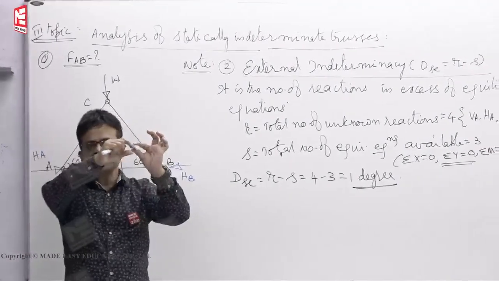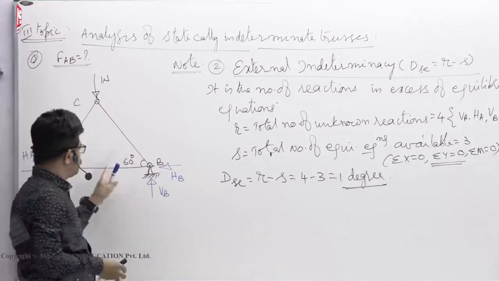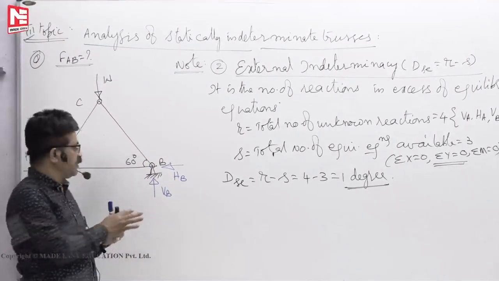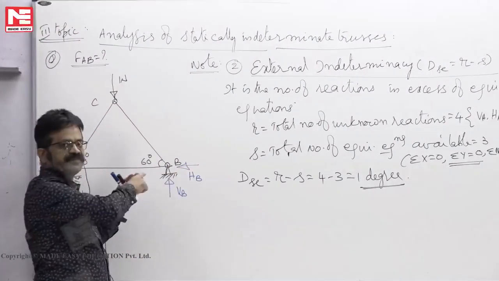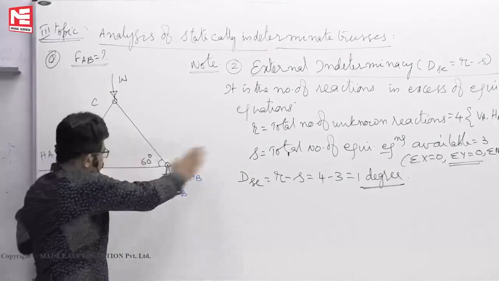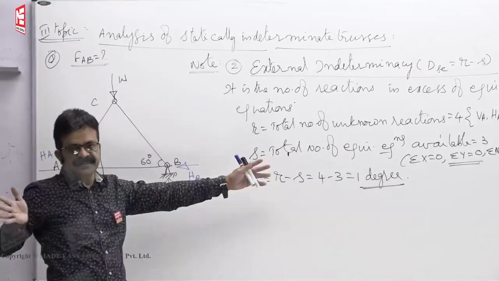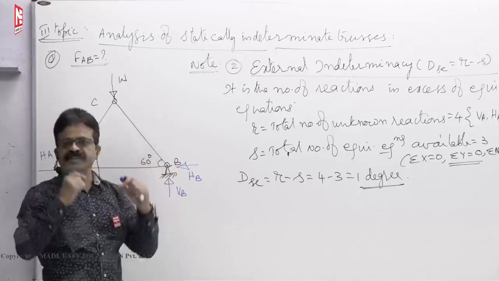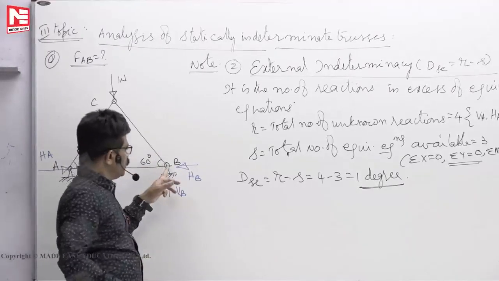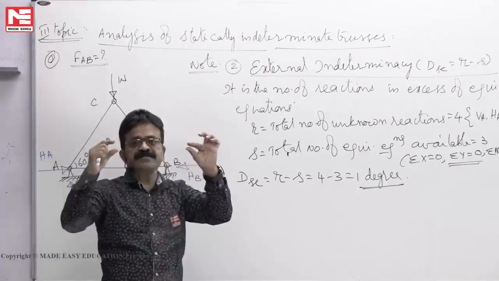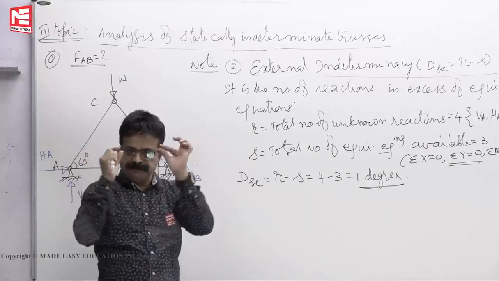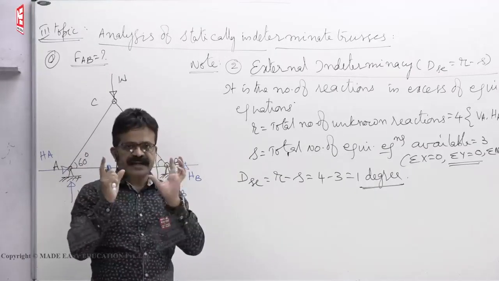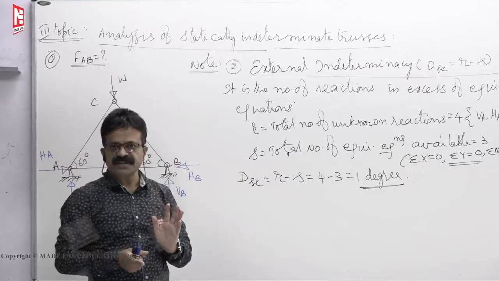Between those 2 pins you have a member. This member cannot deform, it cannot elongate. For it to elongate, it must break the pins and then move away. The pins are sufficiently strong. So, because of the 2 pin supports, the member cannot elongate or contract. That means deformations are 0.